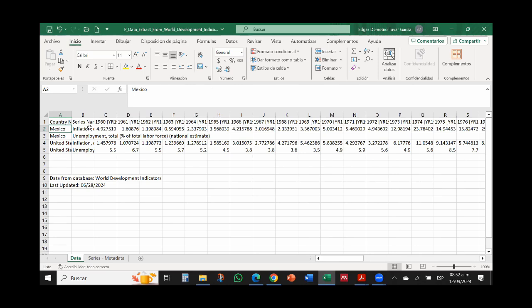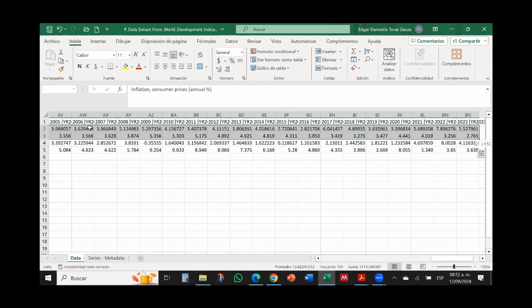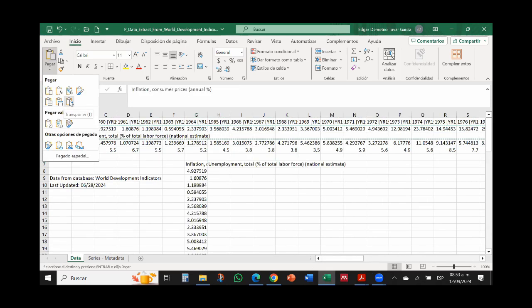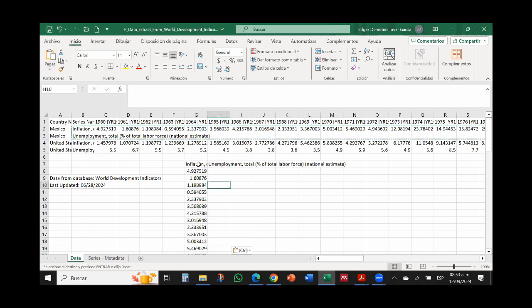Therefore, first, let me copy and paste, and use this option, transpose, here. Therefore, I have inflation here, and this is the year 1960. Double click, and you get all the years here.